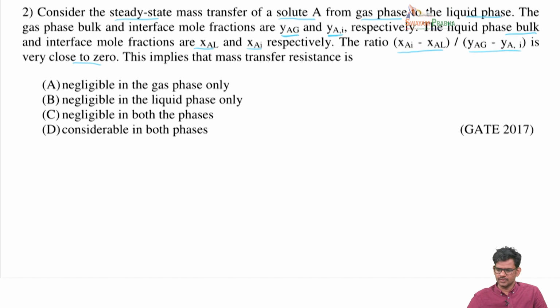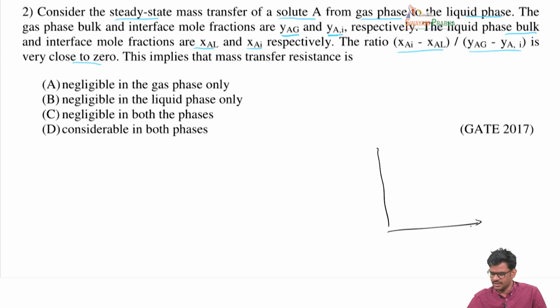In order to do this problem, first of all, you may recollect I was showing this diagram where I have the equilibrium line. This is y versus x. This is the equilibrium line, y equal to some function of x.